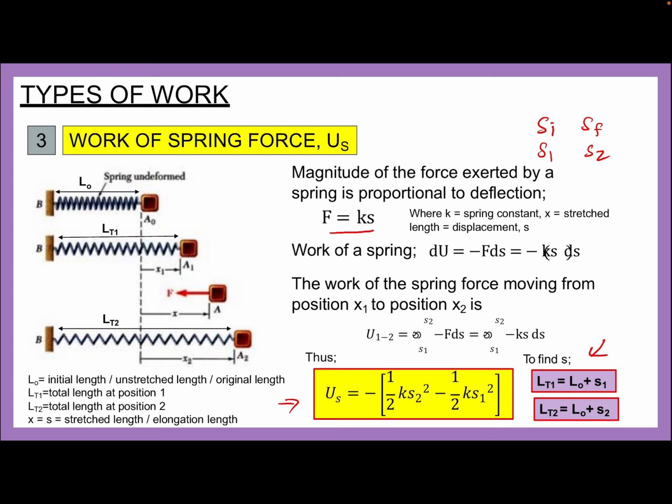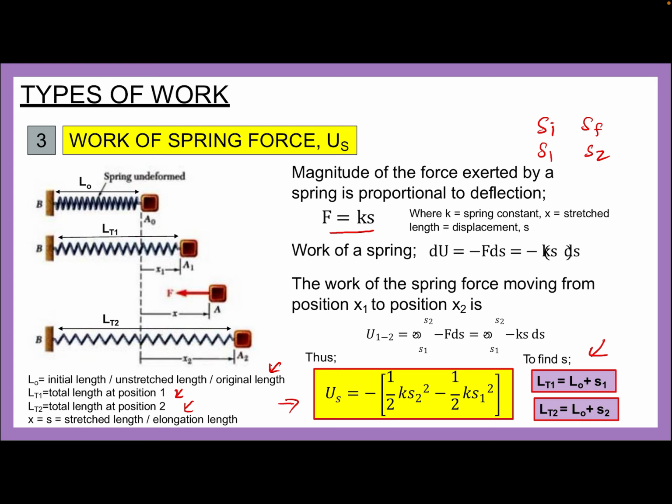So what is L naught? L naught is the initial length, or unstretched length, or original length. LT1 is the total length at position 1. LT2 is the total length at position 2. And X or S is the stretch length, or elongation.